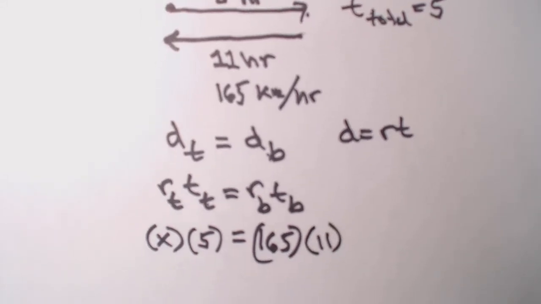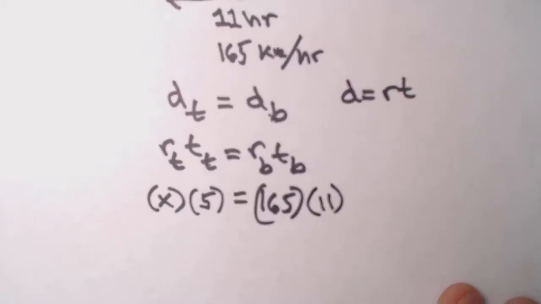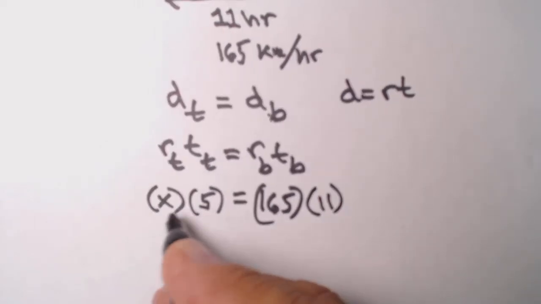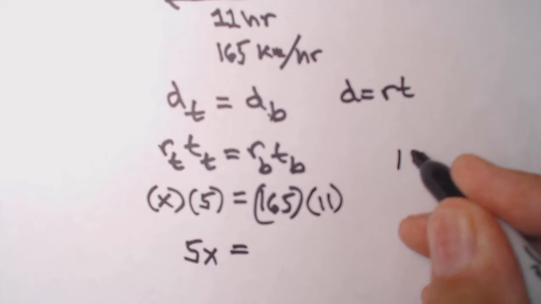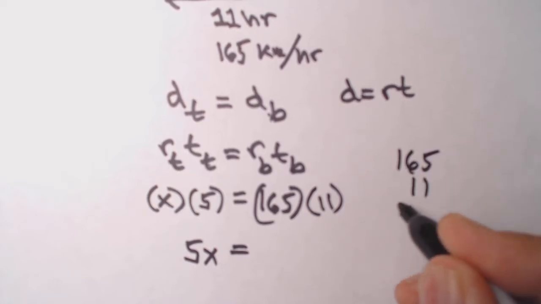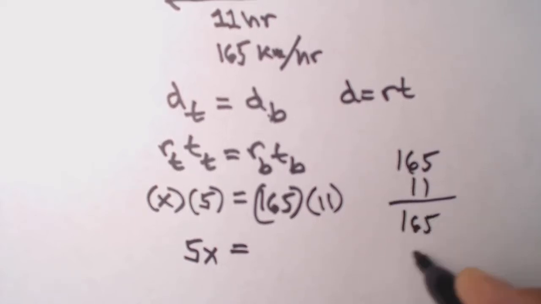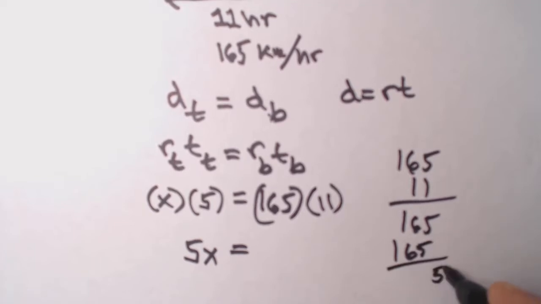Okay, so here we go. Now, this is an equation. We can solve for x and get that speed we wanted. Let's simplify it. 5 times x equals 11 times 165. Let's do that off on the side here. That's 165 times 11. We got 5, 11, 7, 8.